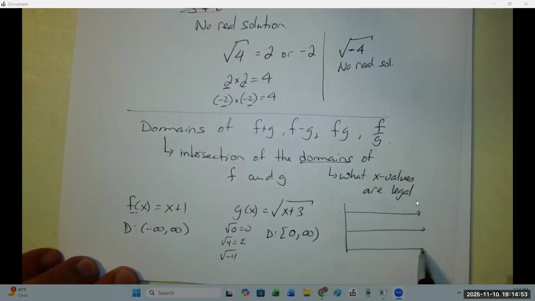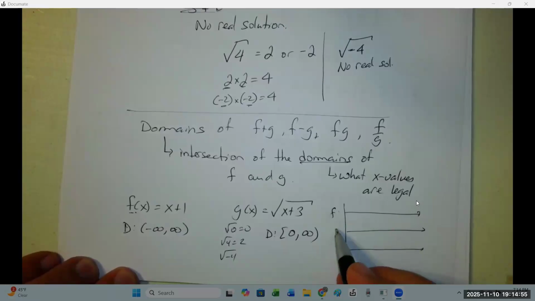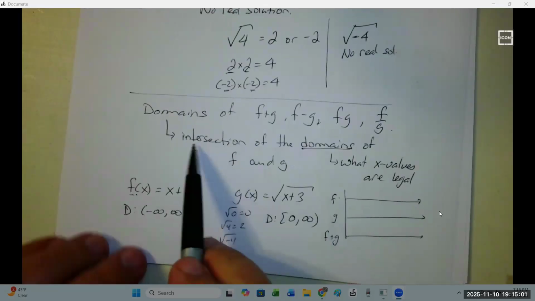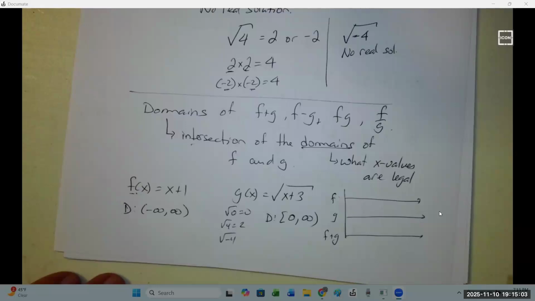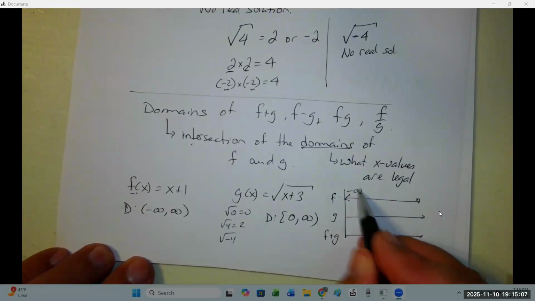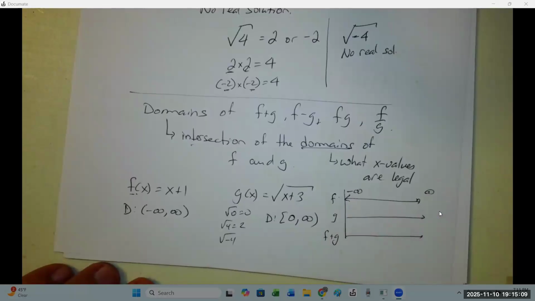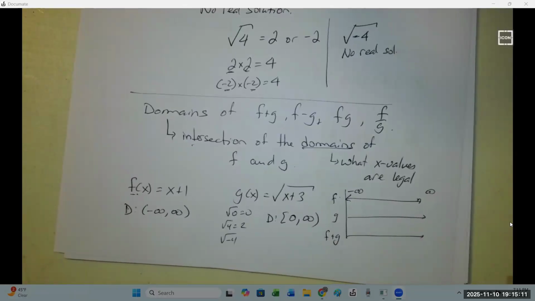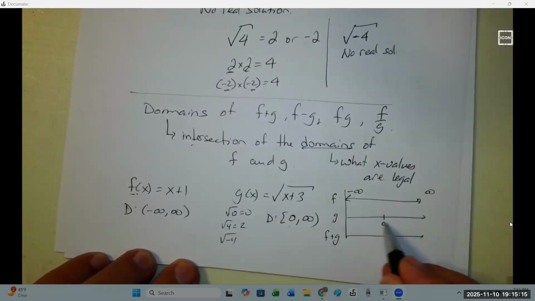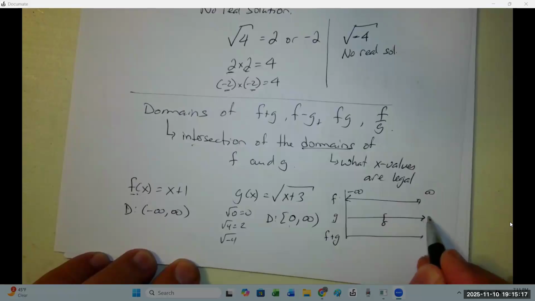So what this thing says, here's my f, this is my g, this is my f plus g. When it says the intersection of the two domains, for f, we go from negative infinity to positive infinity. For g, we go from 0 to positive infinity.